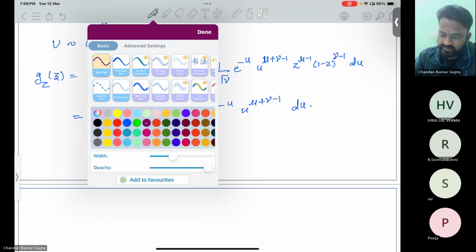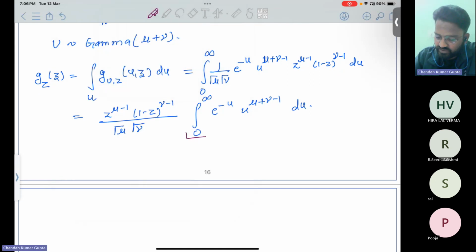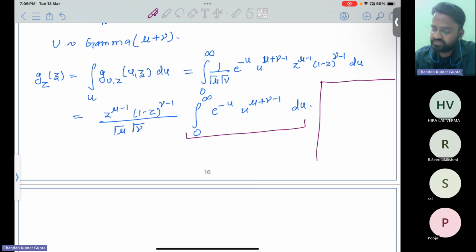Now again, this quantity. If you remember, the integral of e to the power minus x, x to the power n minus 1 dx is nothing but gamma n. It is a gamma function actually.